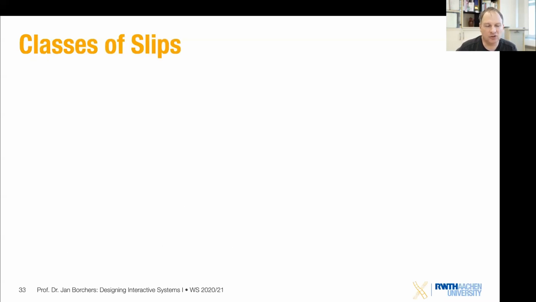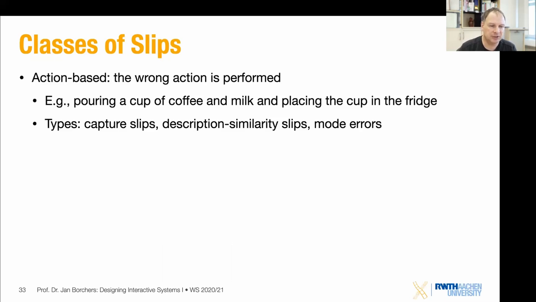And slips fall also into several classes. There is, first of all, the action-based slip, which basically means you just performed the wrong action. So to give you an example, you pour a cup of coffee and milk, and then instead of placing the milk back into the fridge, you place the cup back into the fridge, right? So you basically chose the wrong action.